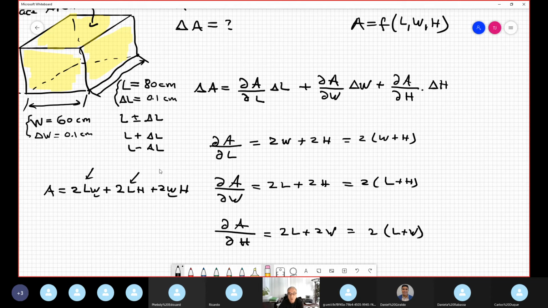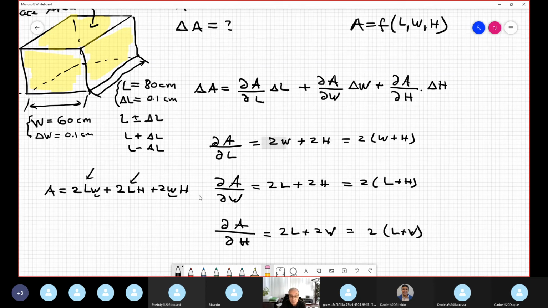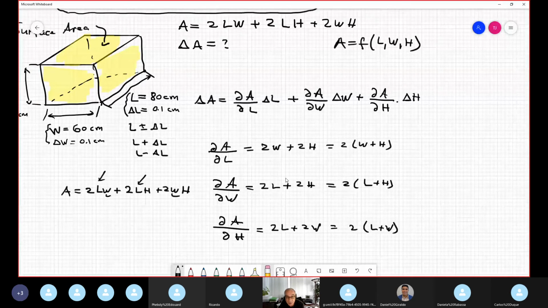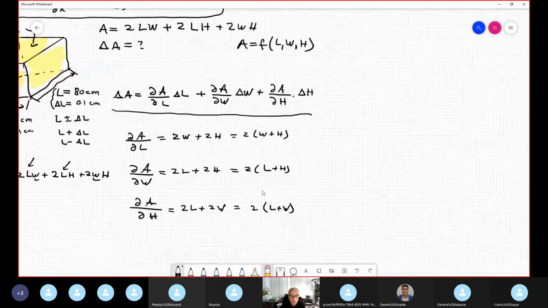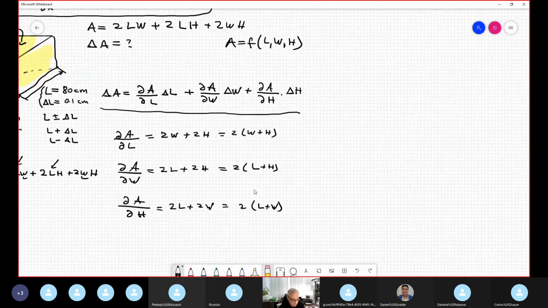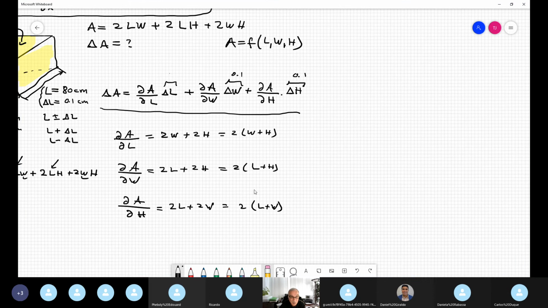Super. Well, the only thing you should do is plugging in where? In this formula, no? To compute the error. How is the propagation for the error in this problem? Well, delta A. Okay, in this case, for simplification, this number and this number are the same, 0.1.